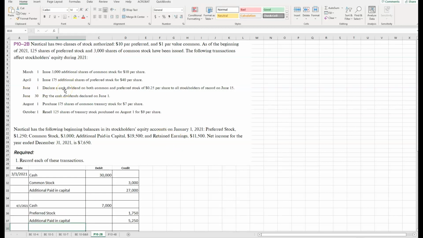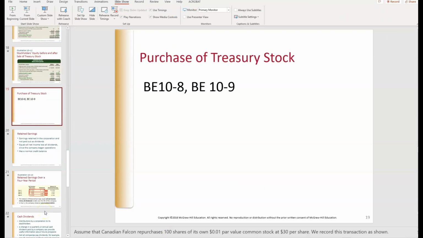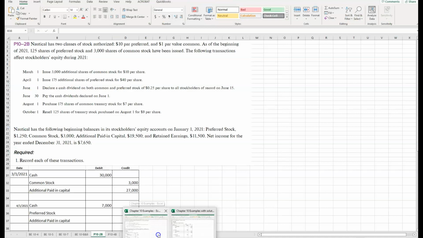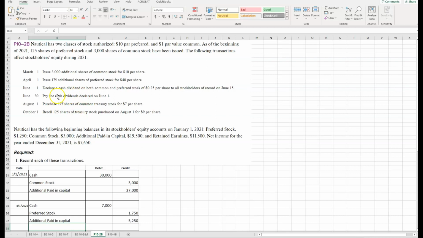June 1st, we're declaring dividends on both common and preferred stock of 25 cents per share to all stockholders of record on June 15th. So we need to know how many total shares there are because we have to multiply it by 25 cents per share.